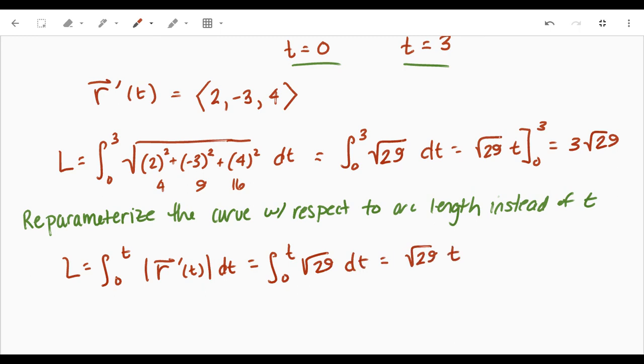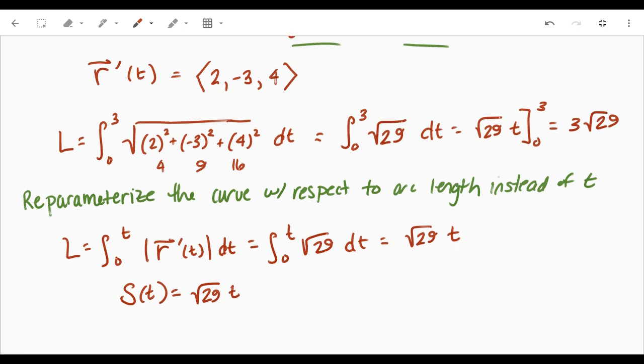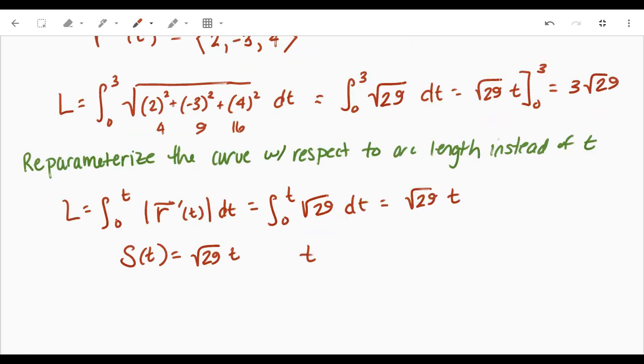Okay, so that is your arc length as a function of time, square root of 29 t. Which means we can substitute in t would be s over the square root of 29. So our function is a function of arc length.